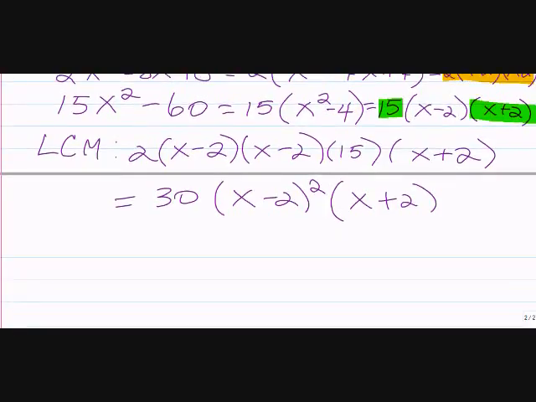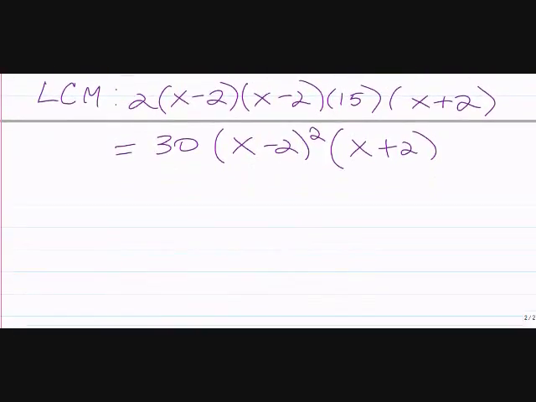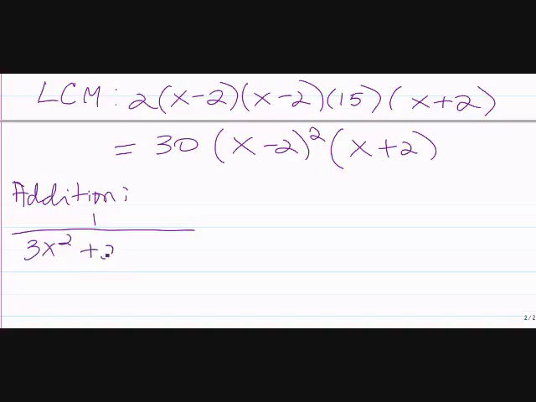Okay. So let's use this concept to do some, we'll do an addition and then a subtraction. So my addition is going to be 1 over 3x squared plus 21x plus 30, plus 4x over 3x plus 15.